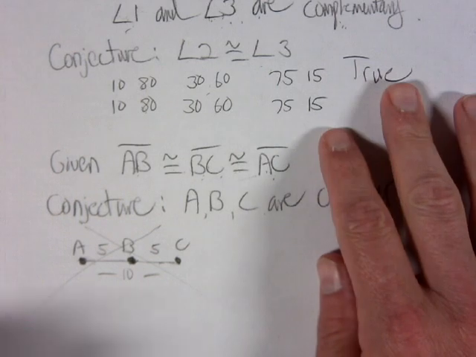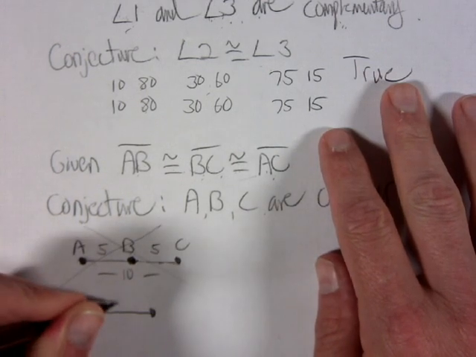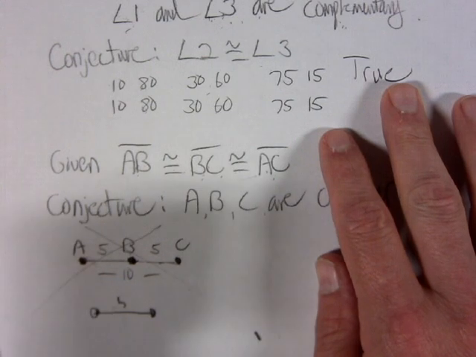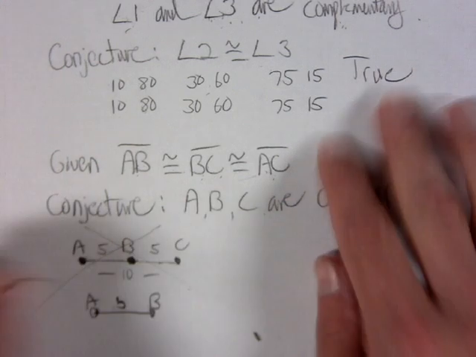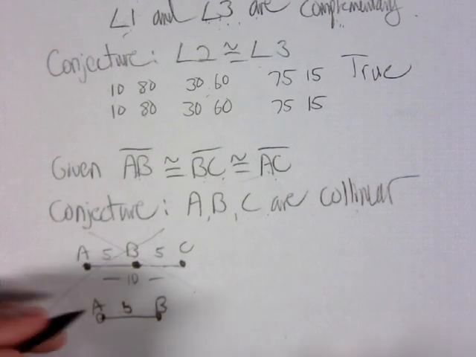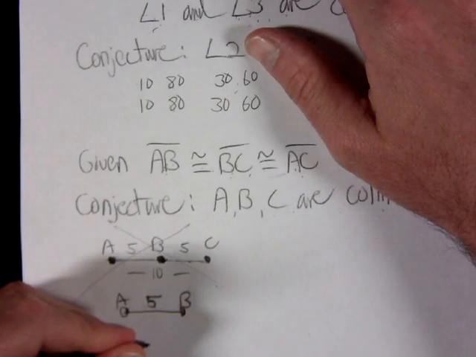Well, really, the only way you could make that happen, if you've got AB being 5, the only way that you could draw BC and AC also as 5 would be to make a triangle out of it here.